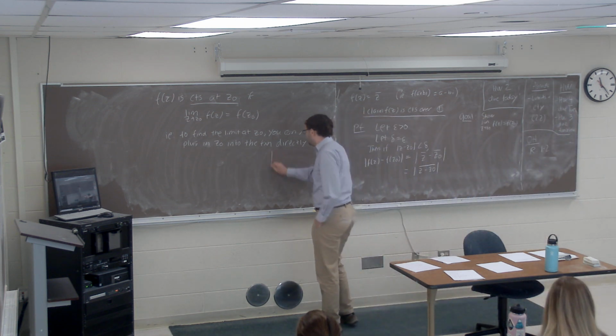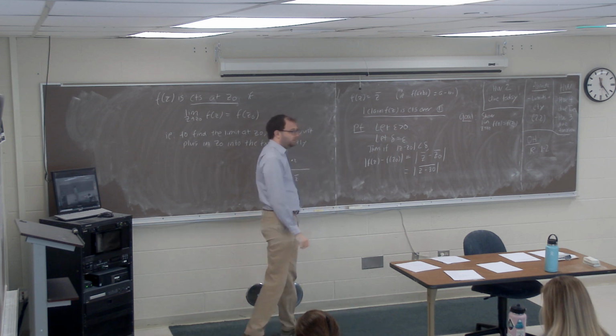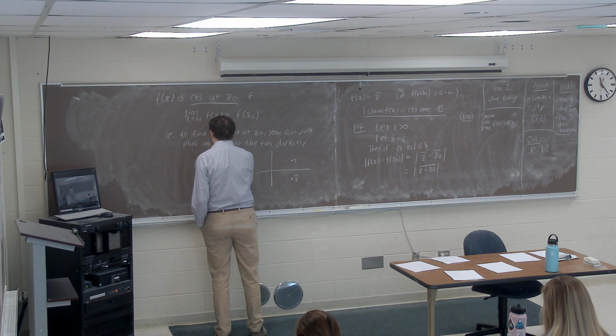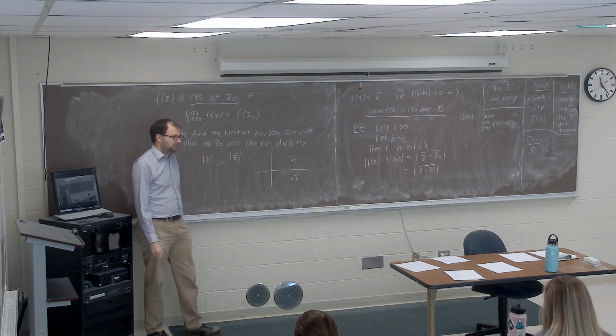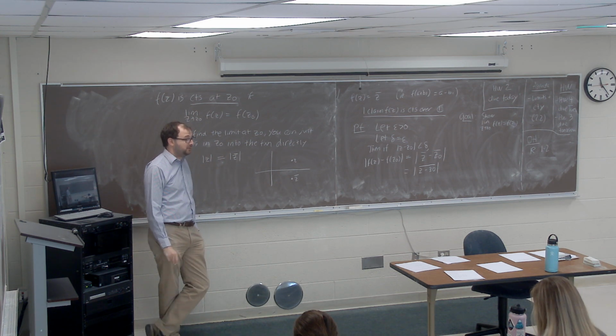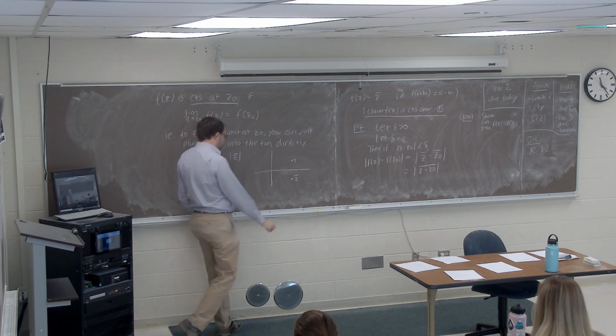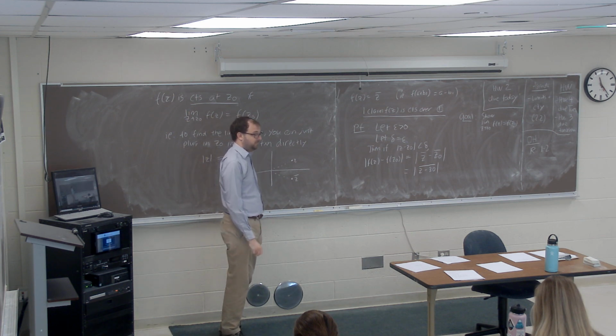If we have some point in the complex plane, call it z, and we take its complex conjugate, what relationship is the absolute value of z and the absolute value of z bar going to have to each other? They're going to be equal. Taking the conjugate doesn't affect the absolute value. Why is that? They're the same distance from the origin. Yeah. If we flip over the real axis, we're not going to affect the distance from the origin at all.